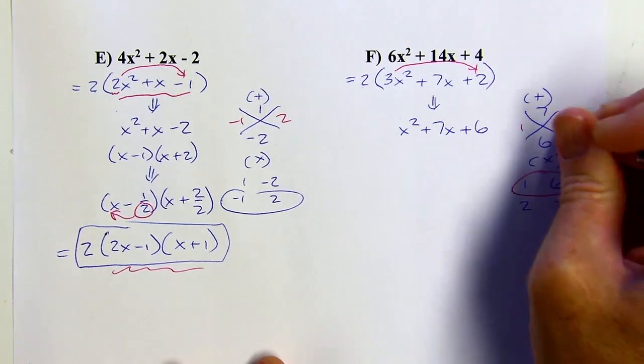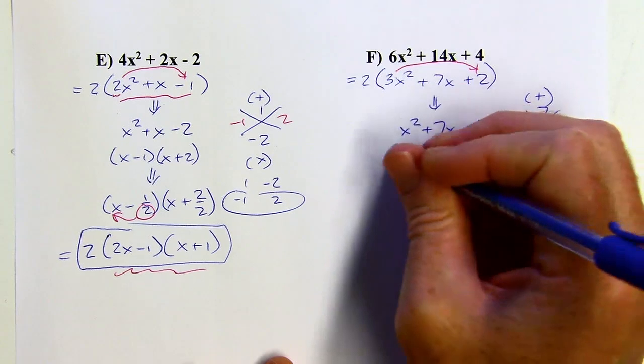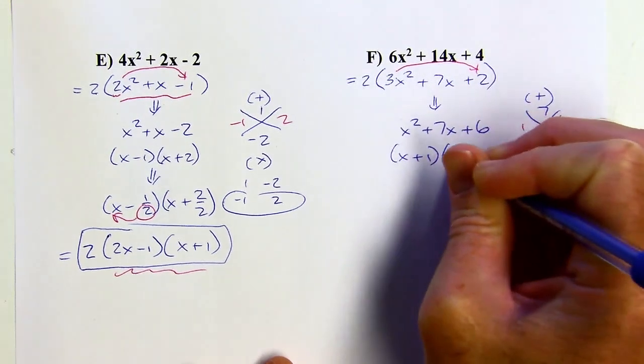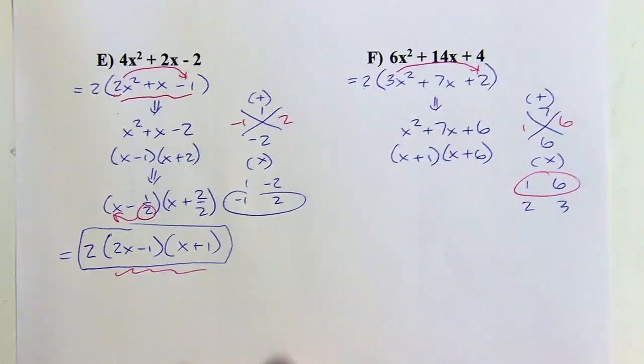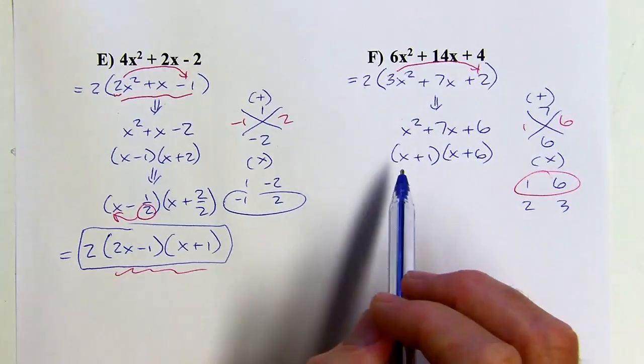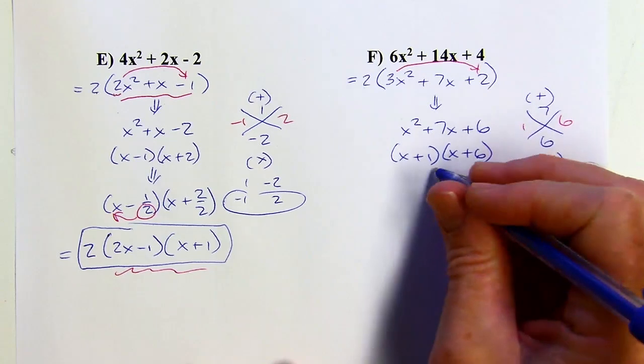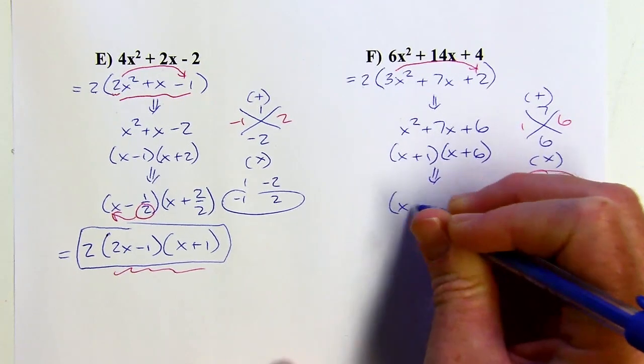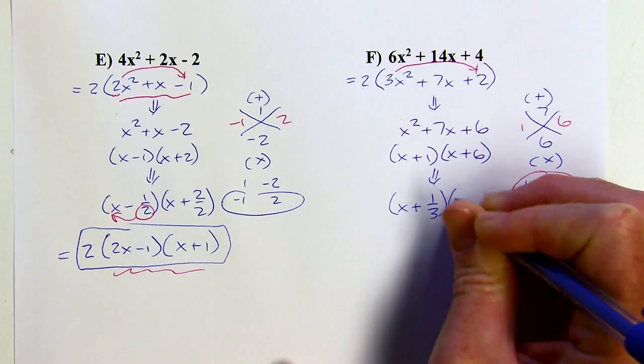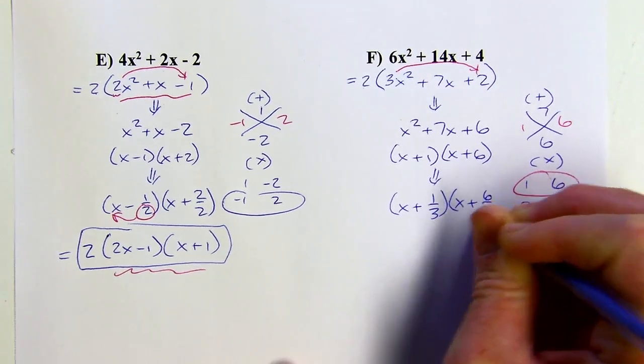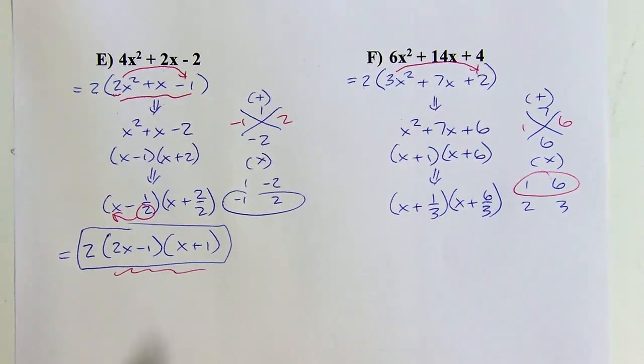So 1 and 6. Okay, and don't forget to modify back. So, you know, in the beginning we multiplied by 3, now divide the number parts by 3. Okay, now we'll reduce as much as we can.